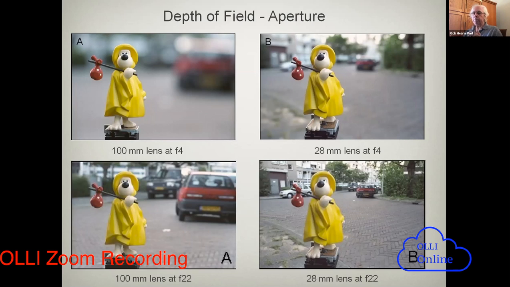When you're zoomed out further from your subject, you get a smaller portion of the world visible in the background. The picture on the bottom left, the background width is about, what would you say, 2.5 car widths, something like that.